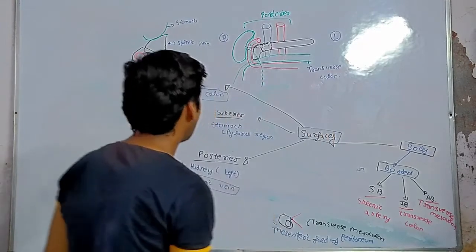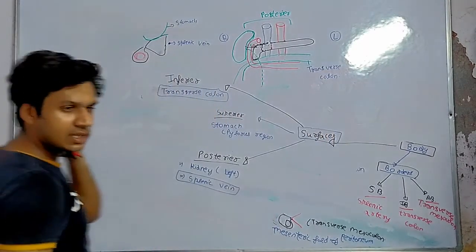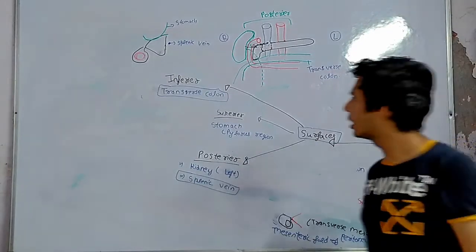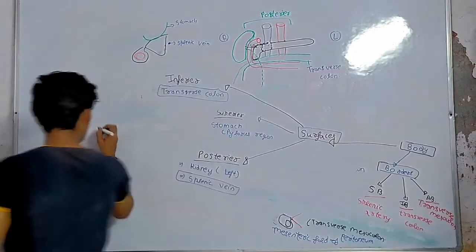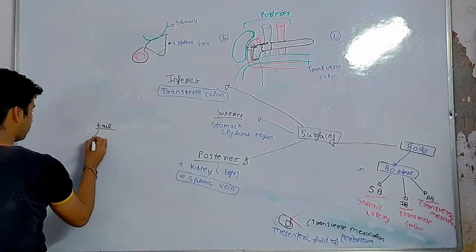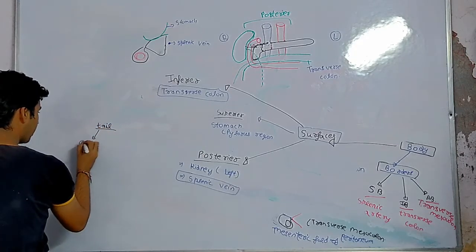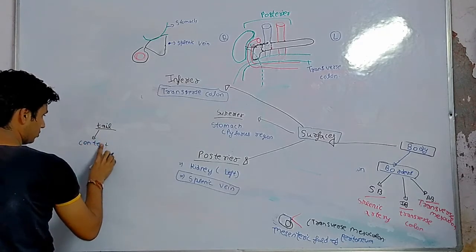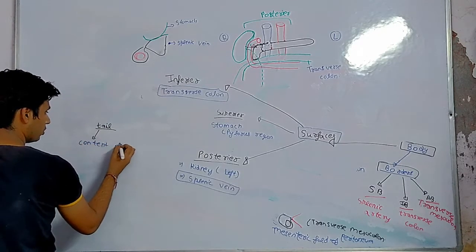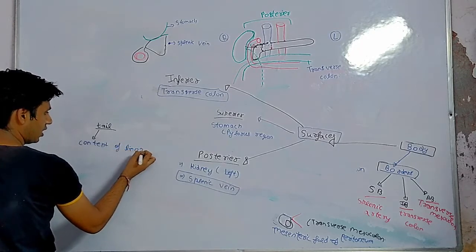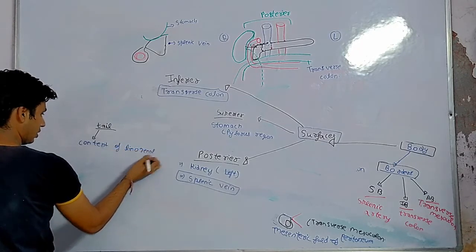Now come to the tail. The tail is just a part of the content of the lienorenal ligament. Remember, the tail is content of the lienorenal ligament.